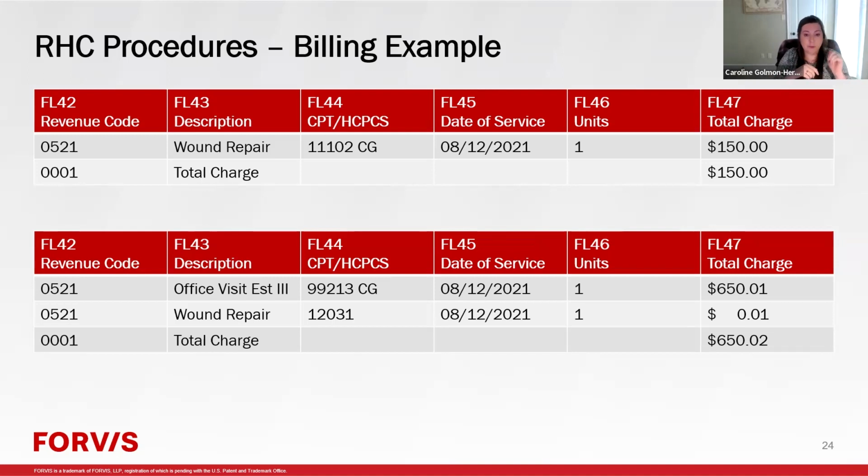If that procedure is performed in conjunction with an office visit, you'd bill the 99213 and the 12031, with the CG modifier on the 99213. However, when you go to charges, that would be $650 for the 99213, and you would only put a charge for the 12031 at a penny. That's typically how we see it done. That way you're being reimbursed, and the coinsurance and deductible are being calculated appropriately off of that medical visit.